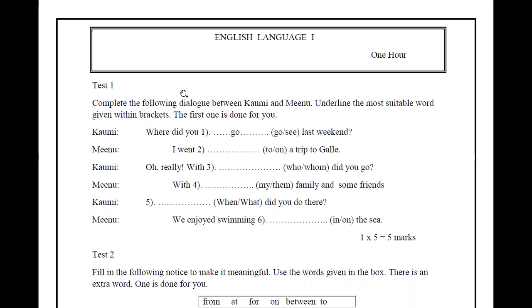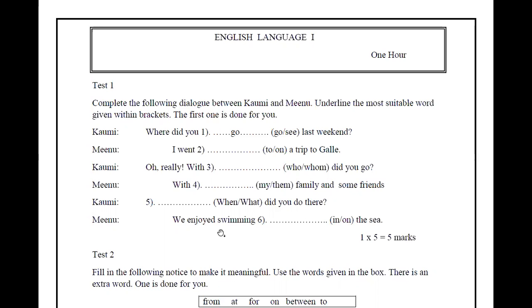She's asking either what did you do there, or when did you do there? Normally we don't use when for asking something like that. Normally we go there and do something. So when we are asking a question, we use the word what. So the correct word will be what. What did you do there?